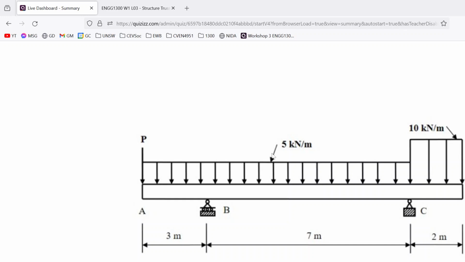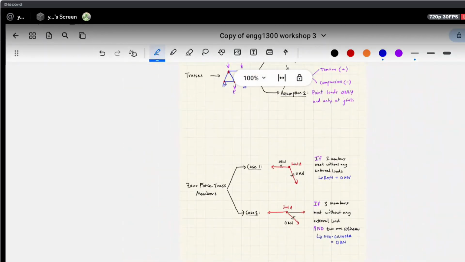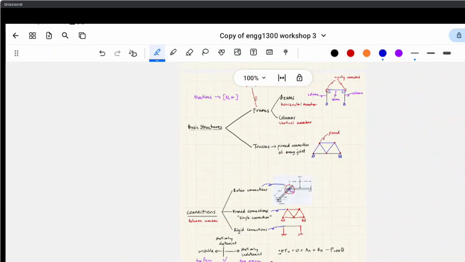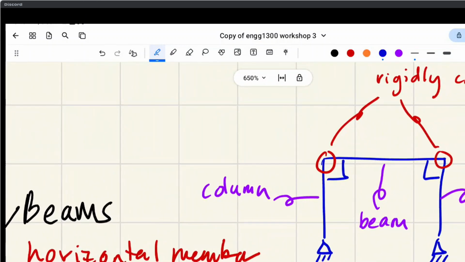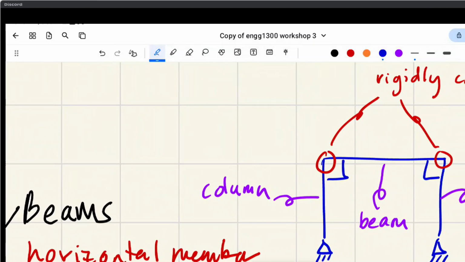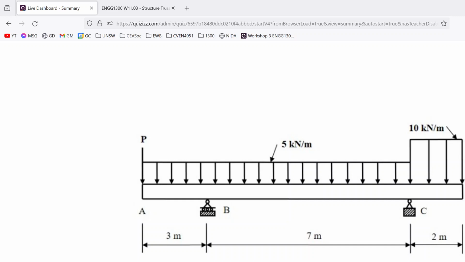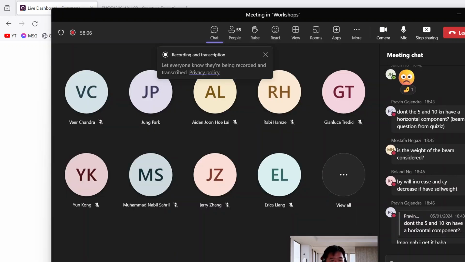They're just pointing at the distributed load. So dumb. But I don't know if you've ever noticed in my working out, I always do this squiggly line to not confuse people. And also I think it just looks cool, to be honest. But I do the squiggly line because then there's no confusion with that. That's pretty much where the confusion is.